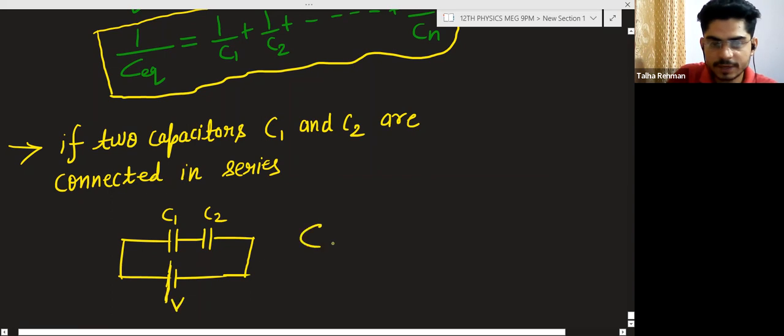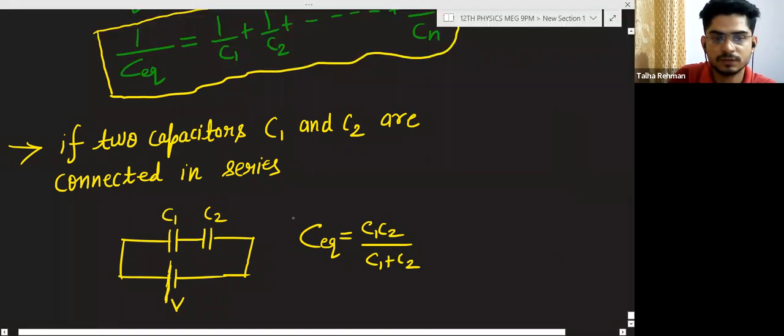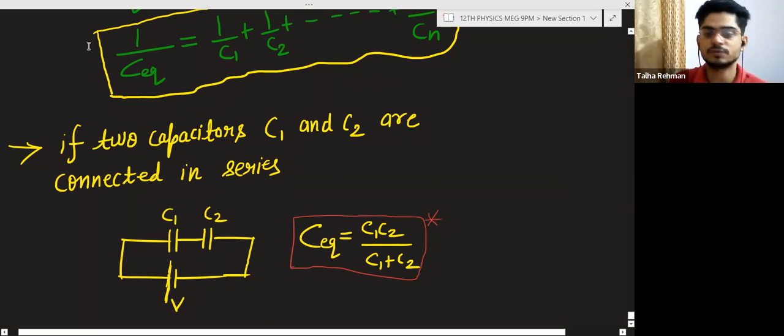So here the C equivalent, when you apply this formula, you will get C1 C2 divided by C1 plus C2. Please remember this formula. We will use this in the questions directly. It will save your time.